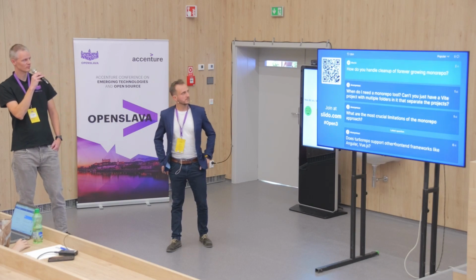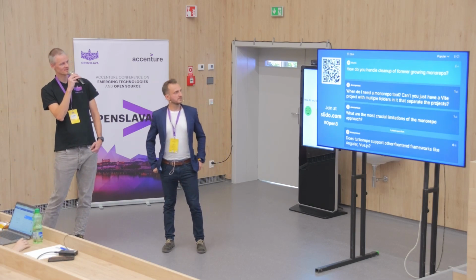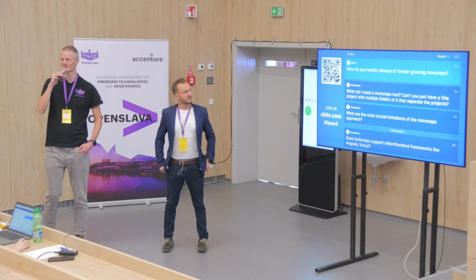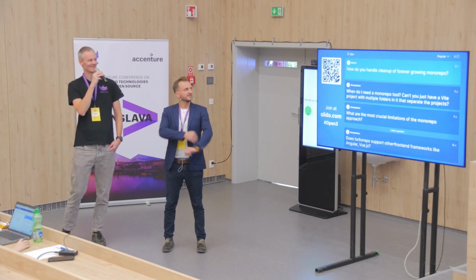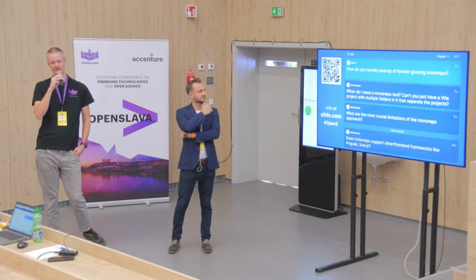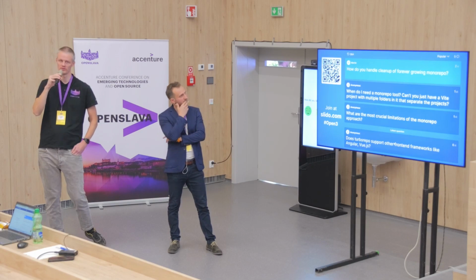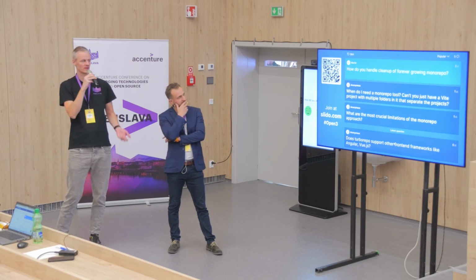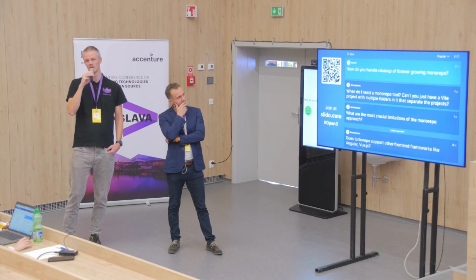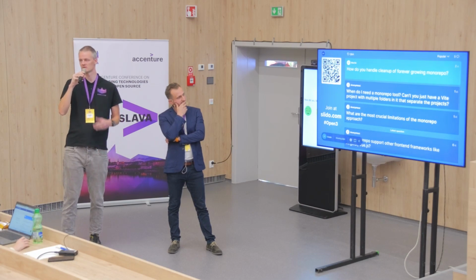How do you handle cleanup of a forever-growing monorepo? I will maybe ask a counter question: how do you handle cleanup of multiple repositories? It still requires maintenance, right? You need to update libraries, update old code, put it away, refactor, and so on. The advantage of a monorepo is, again, it's one place.